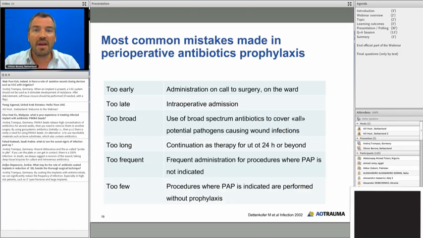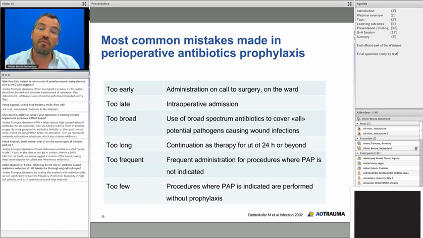But there are lots of errors that are being committed while using perioperative antibiotic prophylaxis. On one hand, it can be given too early. If we give it too early, we know that the effect is going to be less good. So antibiotics should not be given on the ward, but they should be given once the patient is in the operating theater.